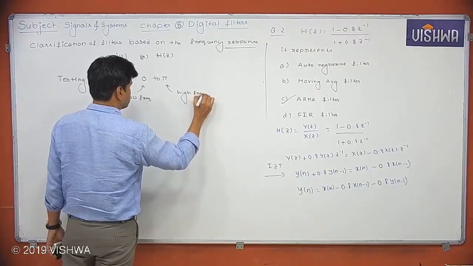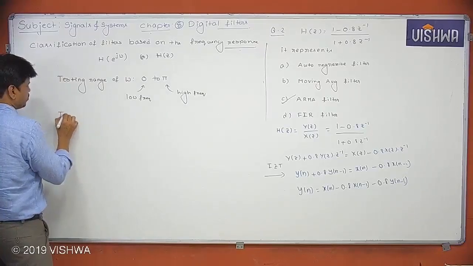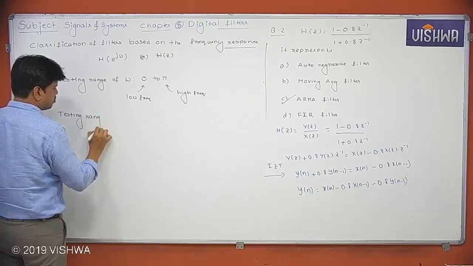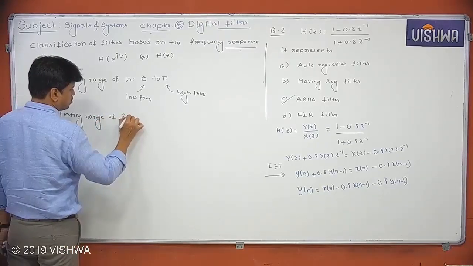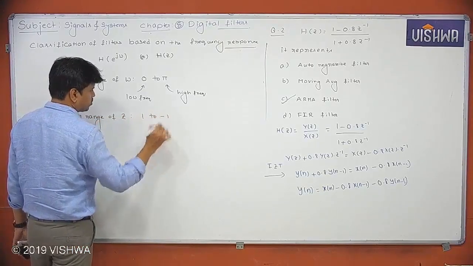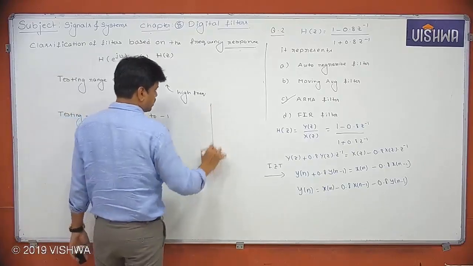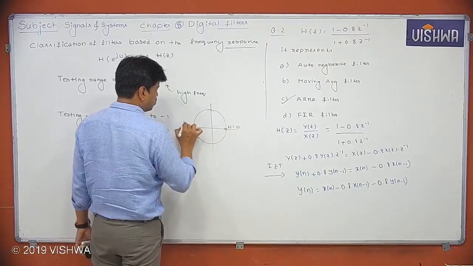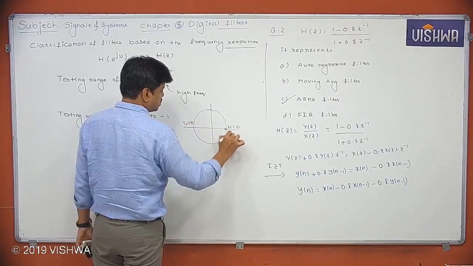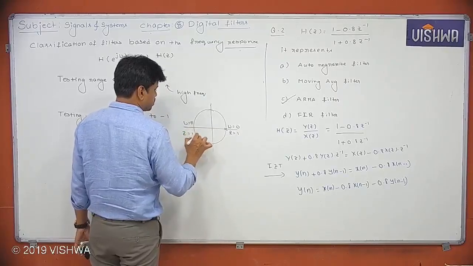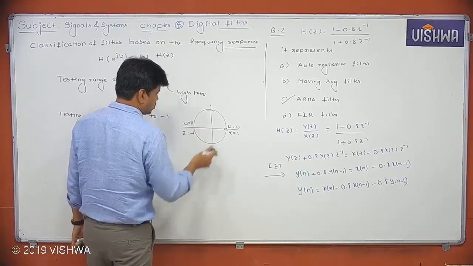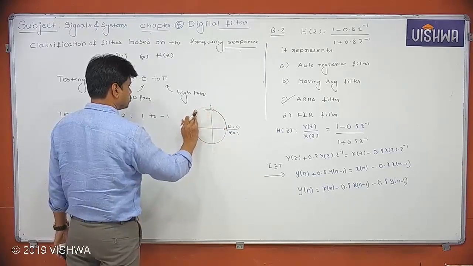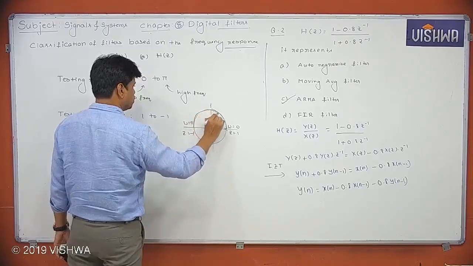In a similar way, what is the testing range of z? That is 1 to minus 1, on the unit circle only. Suppose I take the unit circle: this is omega equal to 0, omega equal to pi, so z equal to 1, z equal to minus 1. In this unit circle, this is the path we have, the upper half of the unit circle.